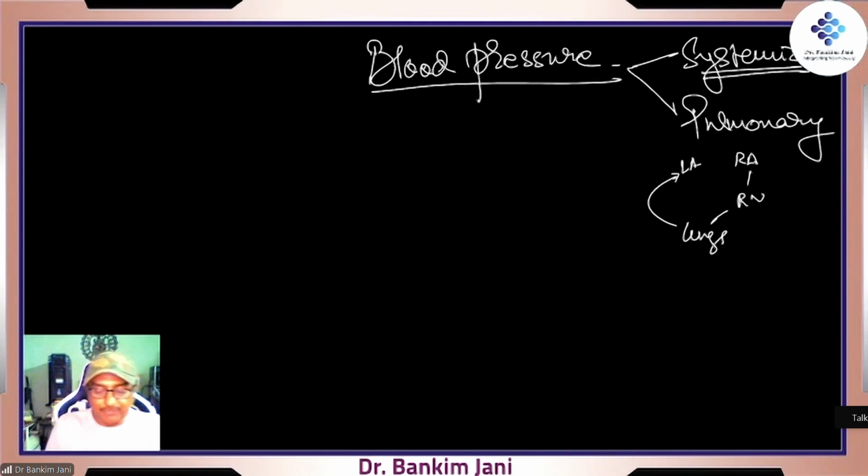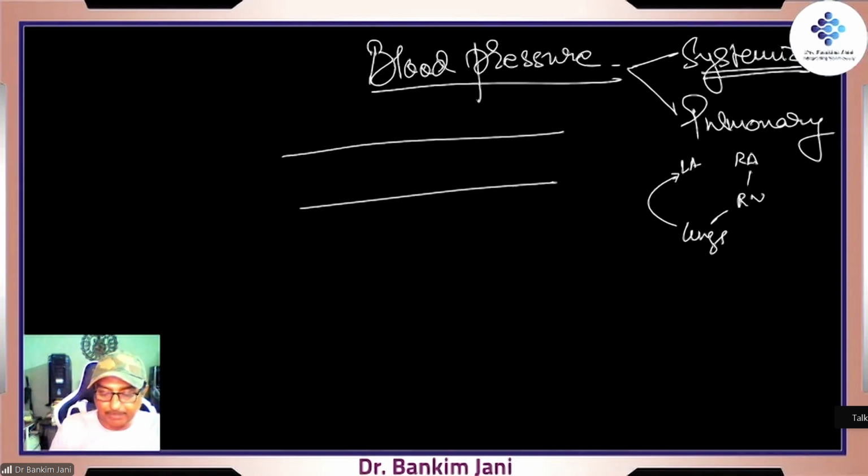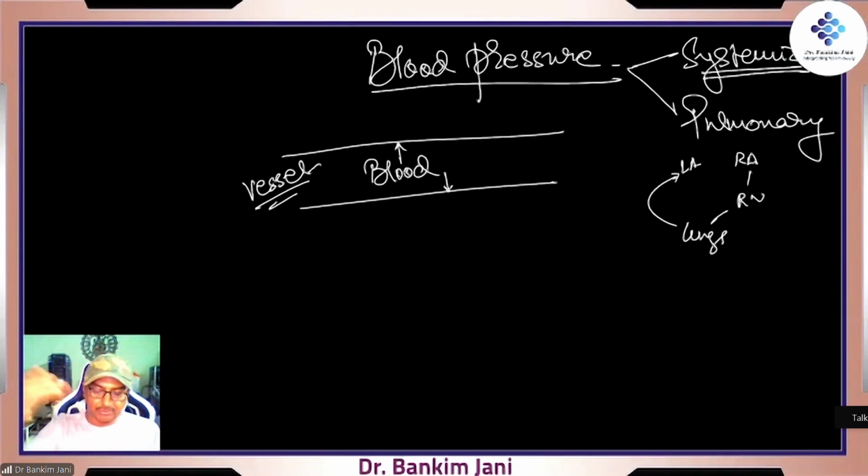Whenever we say blood pressure, any pressure, this is the vessel. What is the pressure generated onto the walls by the content which is inside? In our case, this content would be the blood. The amount of pressure exerted on the walls by the blood is what is called blood pressure.